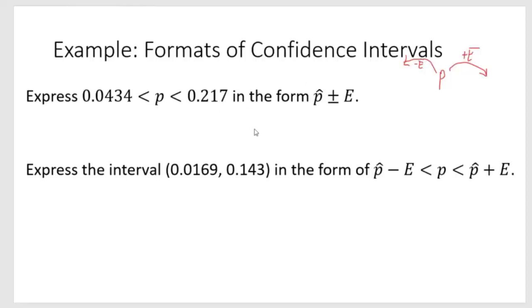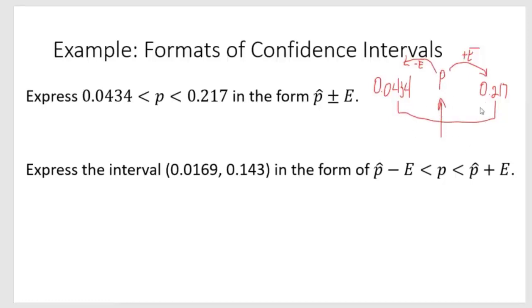What these numbers are telling us is that these are the numbers we get to. So between this smaller number, 0.0434, and the higher number, 0.217, we could take that distance and cut it in half, and we'd get to p.